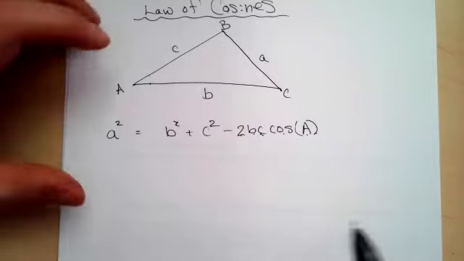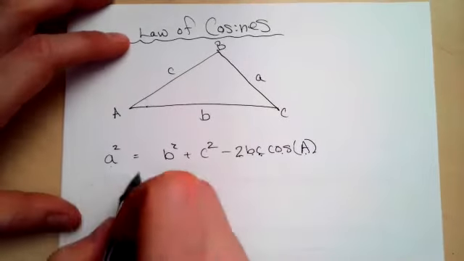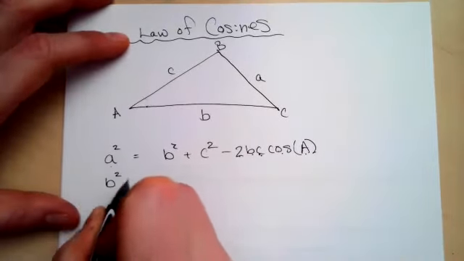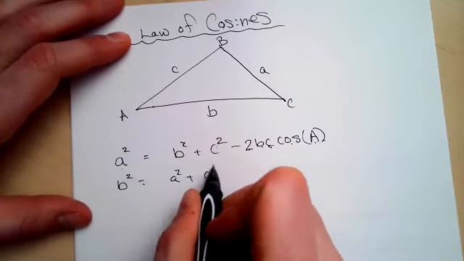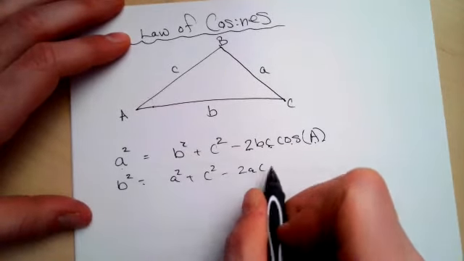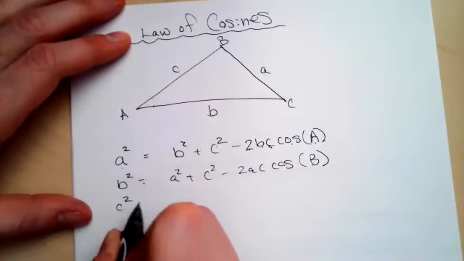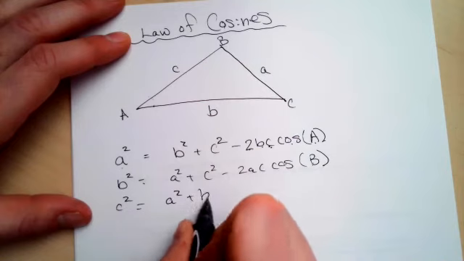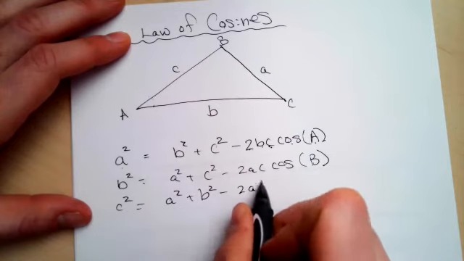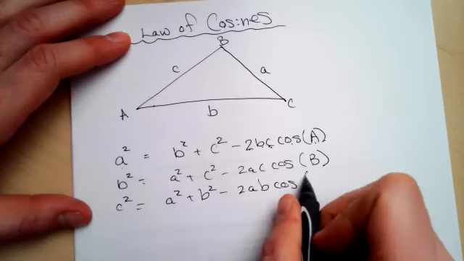And we can permute all of these variables in whichever way we want. So you could have B squared equals A squared plus C squared minus 2AC cosine of angle B. C squared equals A squared plus B squared minus 2AB cosine of angle C.